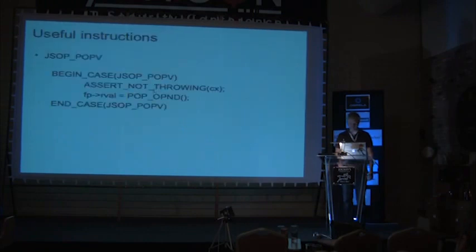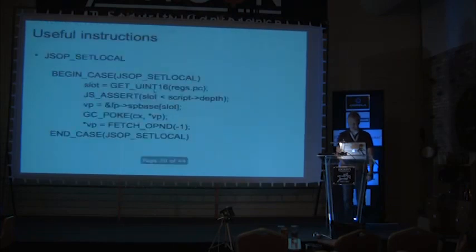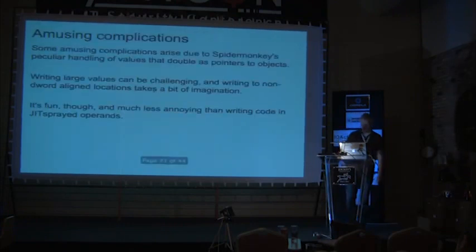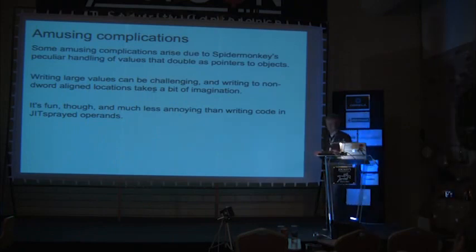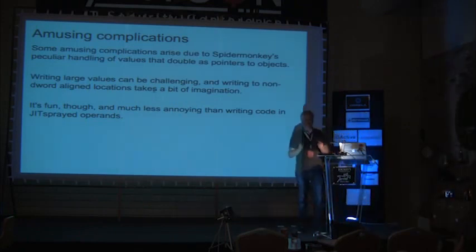Pop V, right, you can pop a value into fp-relative val. Set local ends up writing stuff again, and so forth. Now, the important takeaway for this is that if you can run arbitrary JavaScript bytecode, you can actually do whatever you want in that address space.